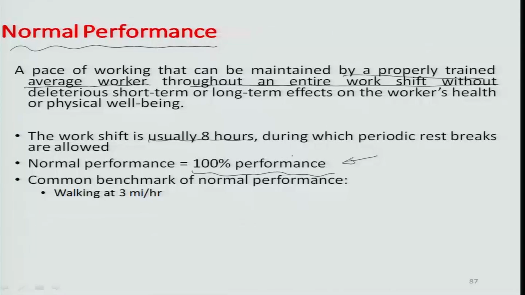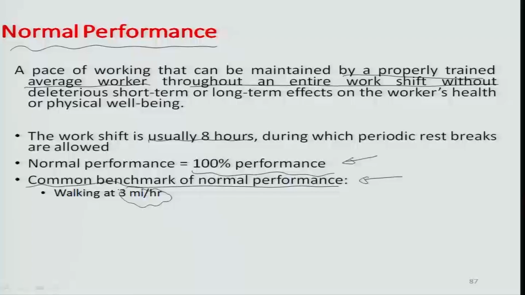Okay. So, the normal performance is typically 100% performance, and a common benchmark of normal performance needs to be made. For example, a normal human being walks typically at 3 miles an hour. So, that is the normal performance of an average adult individual executing this action of walking.